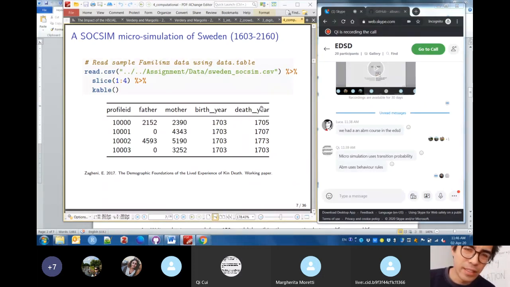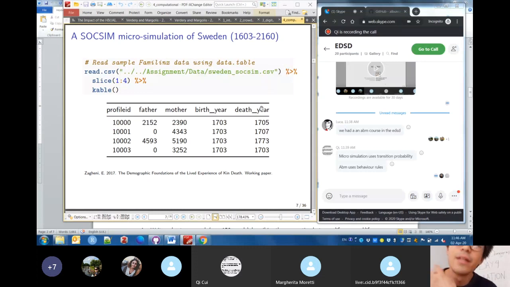So this is also in the assignment folder, and it also applies to Sweden. This is a microsimulation of the whole Swedish population from 1603 in this case to the year 2100.